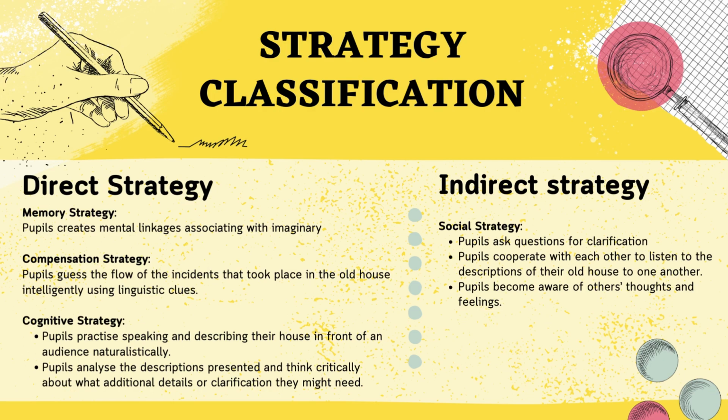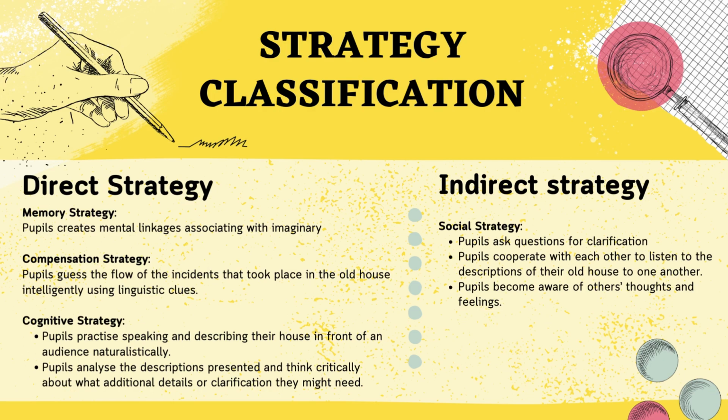People guess the flow of the incidents that took place in the old house intelligently using linguistic clues. Third, cognitive strategy. People practice speaking and describing their house in front of an audience naturalistically. People analyze the descriptions presented and think critically about what additional details or clarification they might need.